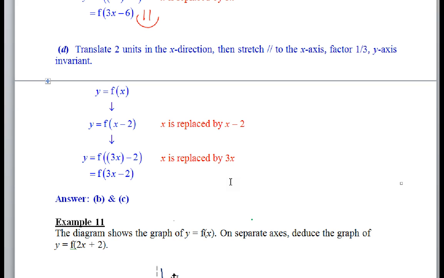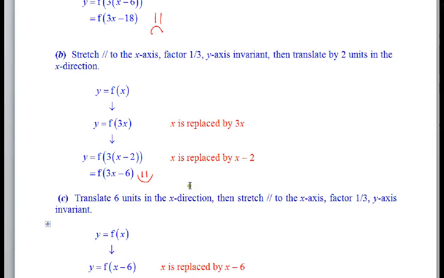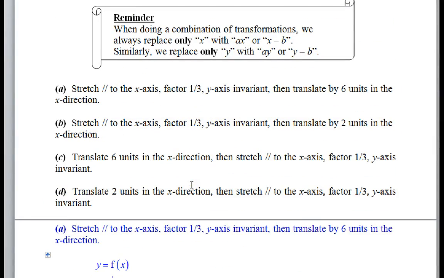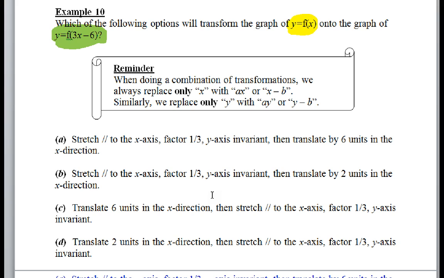Let's look at the question again. You want 3x minus 6. B and C are both correct. But the order matters. Which one do you do first? If you want it to be simpler, there's a 6 here, I translate 6 units.